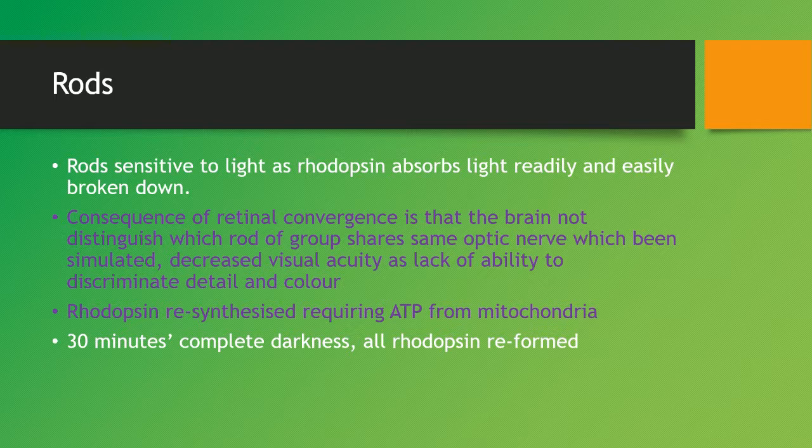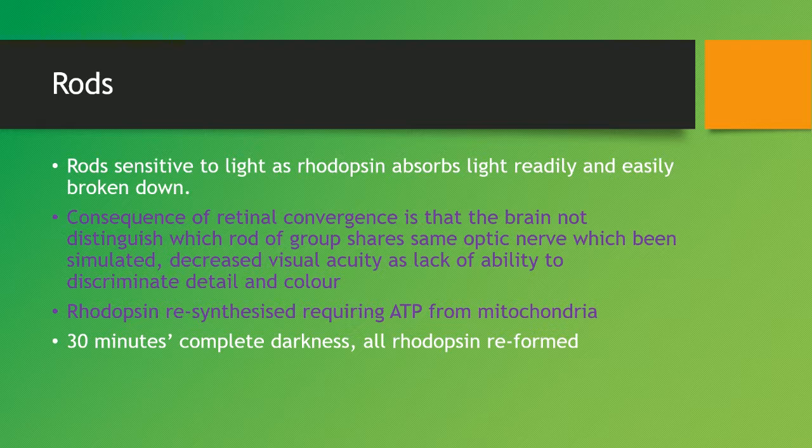What this technically means is that there are, for example, four different rod cells for one ganglion cell, which then leads to the optic nerve. So essentially there are four rods that share the same optic nerve, and therefore the brain cannot tell which one is being stimulated, and therefore it can't have high visual acuity, or discriminate color or detail.